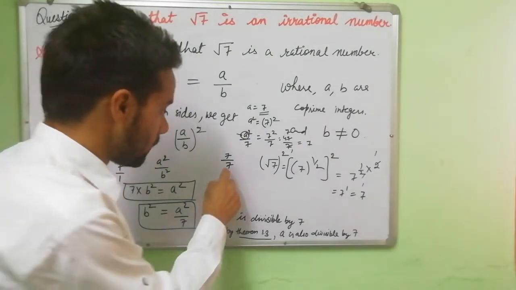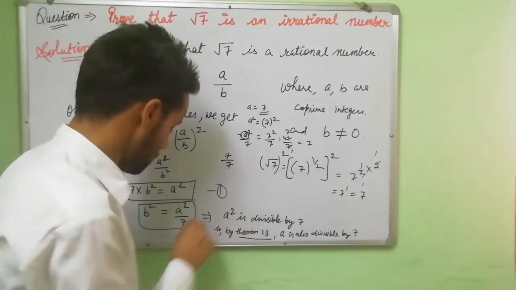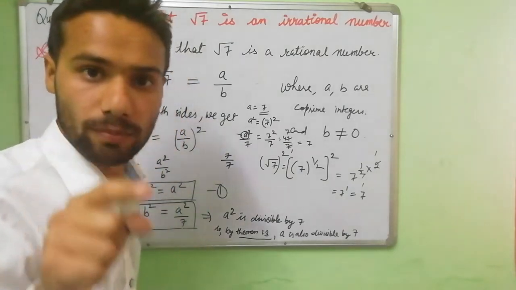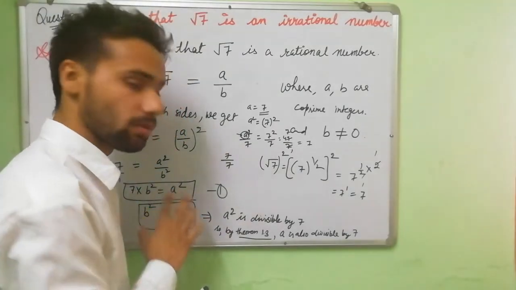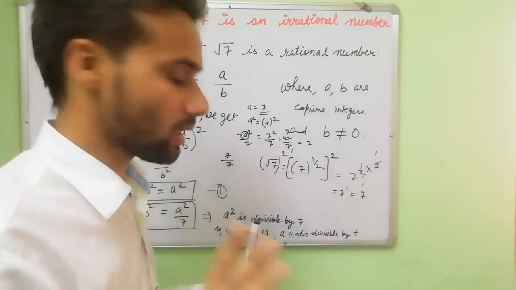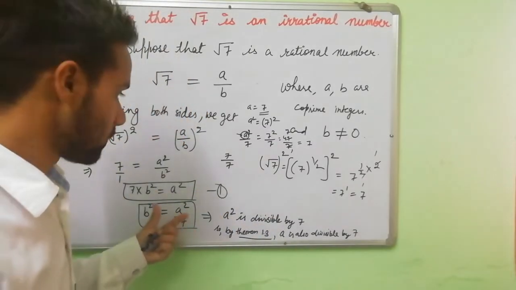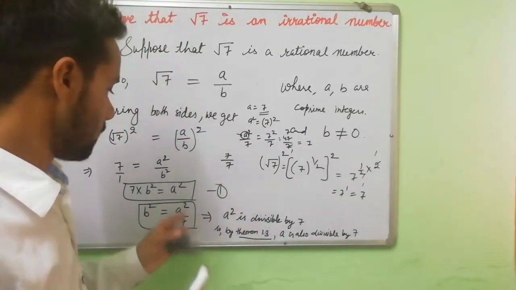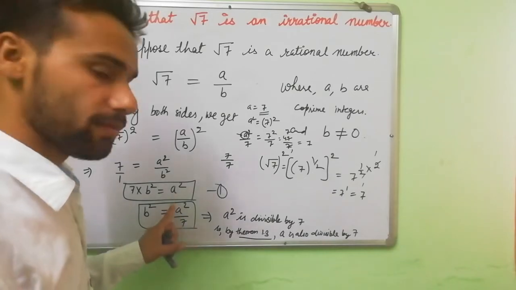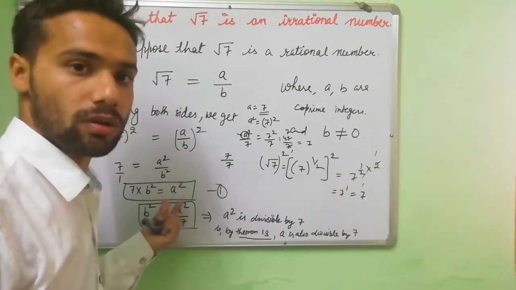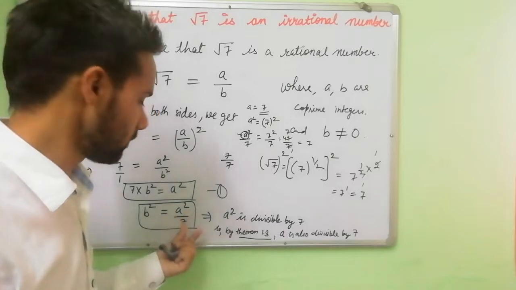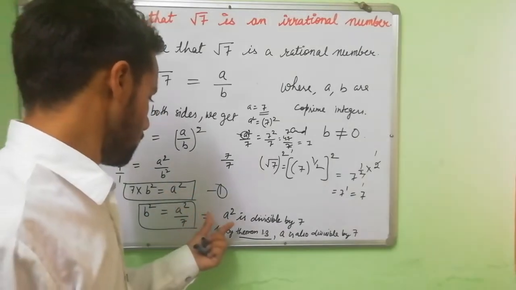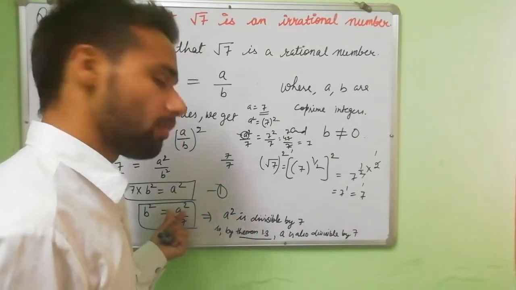But keep in your mind, the divisor should be a prime number, not any other number like 4 or 6. Getting? I hope you understand what I want to say. Here I explain that if 7 divides the power of any number, then 7 also divides the base of that number.